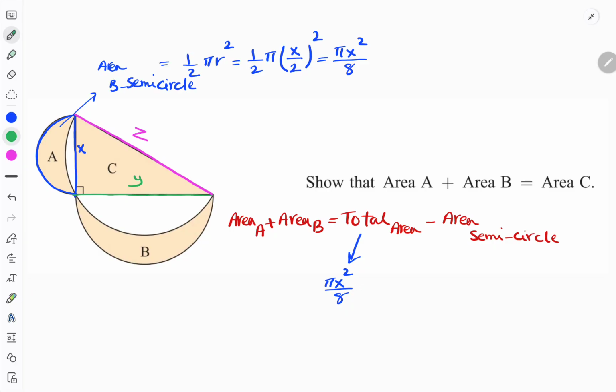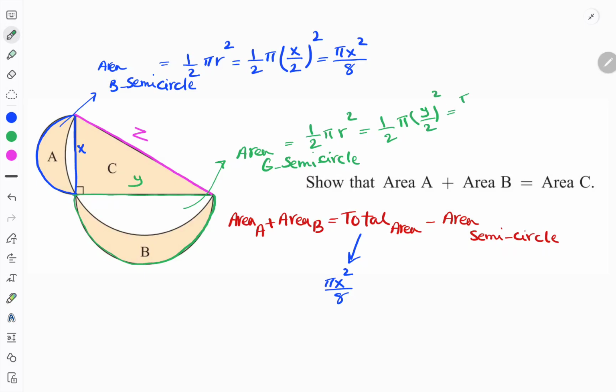And another semicircle that we have is the green one. And the area of green semicircle is half of PR squared, and in this case R is half of Y. Y is the diameter, and if you divide by 2 you will have the radius, Y over 2 squared.